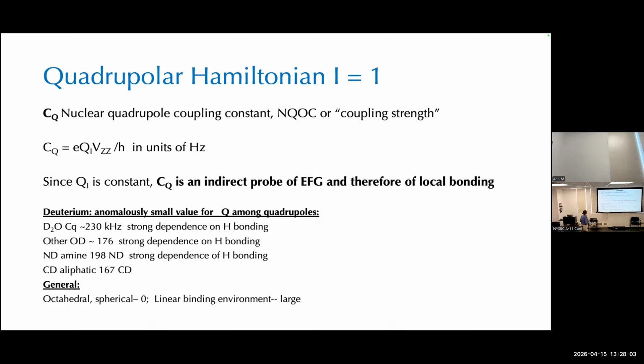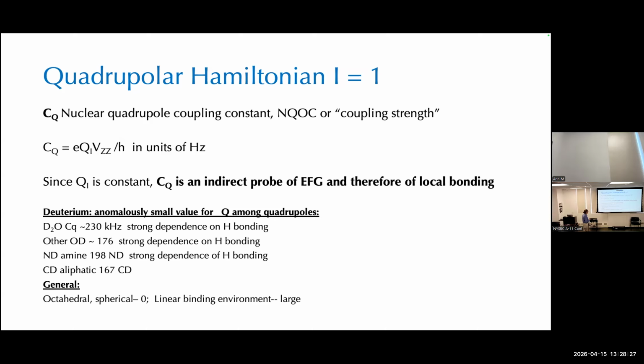CQ is that product that I've been talking about, eQ times V, so the magnitude of the quadrupole moment times e, representing the nuclear properties, and VZZ representing the bonding electron properties. And it will be in units of hertz if you scale it by Planck's constant.